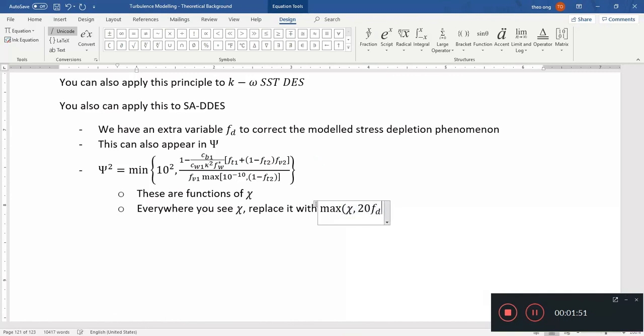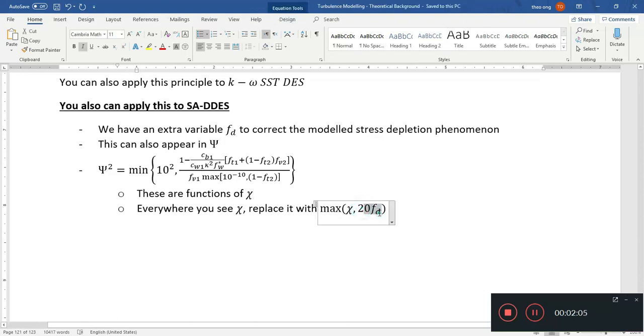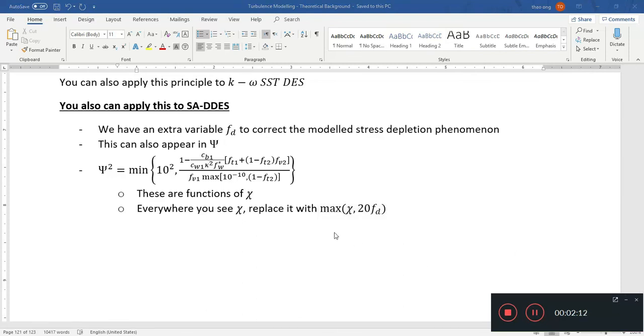This adopts this function for the DDES version. You can adopt this for the Spalart Allmaras DDES version by applying this inside the booster function. This is what makes it applicable to DDES as well, and that makes it on the whole more robust. So this is the low Reynolds number correction.